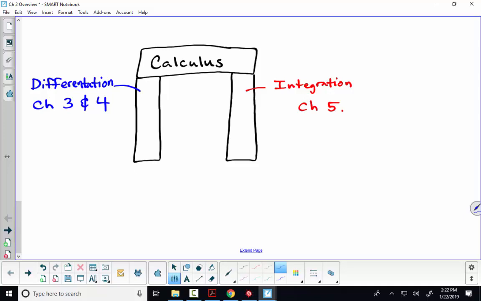Just as we go forward, what we're talking about with differentiation, with derivatives, is specifically an instantaneous rate of change. So really we could list a whole ton of things we could apply to that.